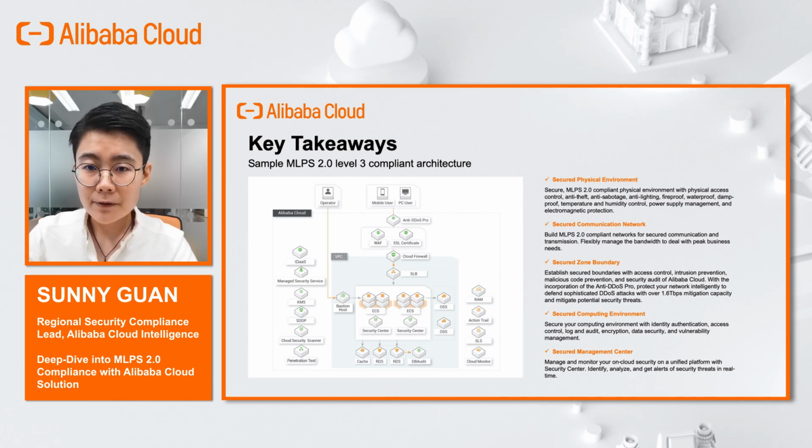You can also leverage the log service offered by Alibaba Cloud to achieve the minimum log retention period. All this together with Security Center, you can achieve one center with three layers of defense, compliance easily and economically.